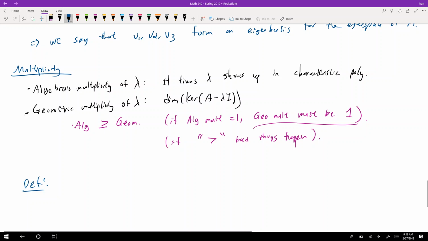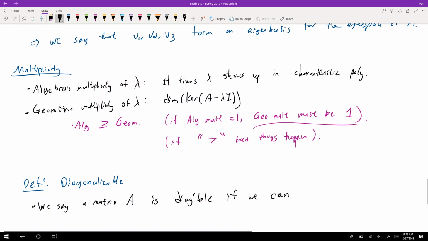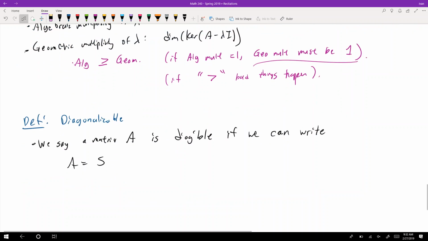So now that we have algebraic multiplicity and geometric multiplicity, let's talk about diagonalizability, or diagonalizable. So what's the definition of diagonalizable? We say that a matrix A is diagonalizable, and I just abbreviated it as diagonal. I don't think there's any other word that uses these letters. Matrix A is diagonalizable if we can write A is equal to SDS inverse.